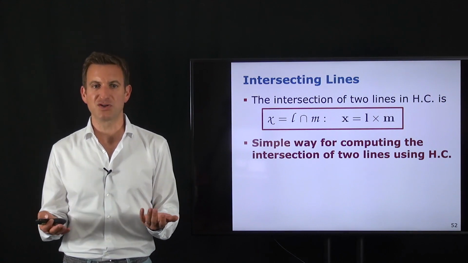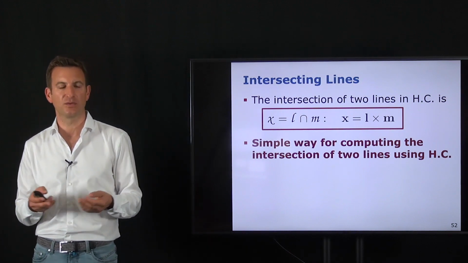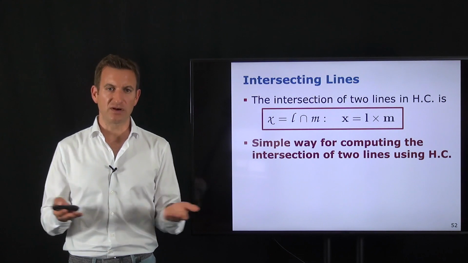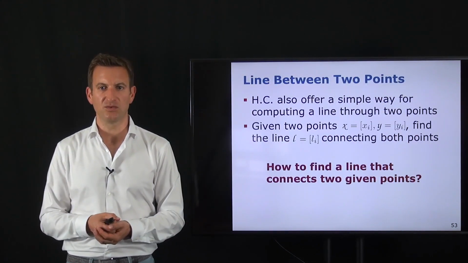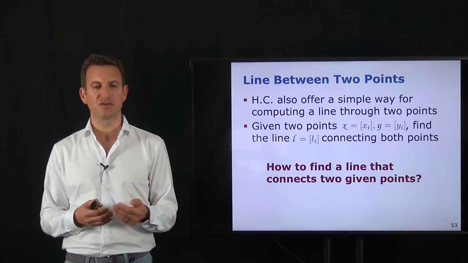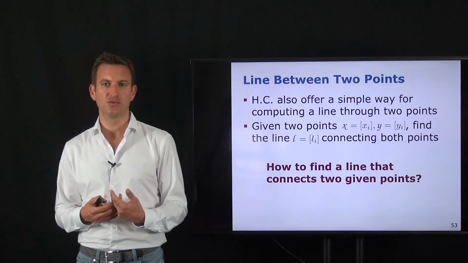So then we have one more operation, which we commonly use. We have 2 points, and we want to fit a line through those 2 points, or compute the line parameters that generate a line that goes exactly through those 2 points. And this is again something we can do in a very elegant way. Homogeneous coordinates also provide us with a simple way for computing the line that goes through 2 points.